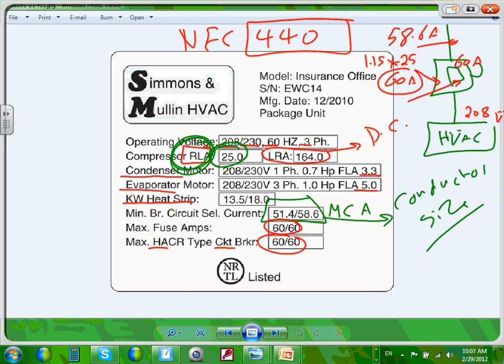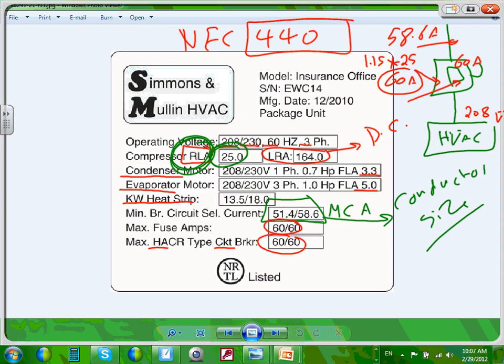We just got done saying it was the locked rotor current that we had to consider. For your disconnect, you consider 2 things. So 1.15 times 25 equals 28. Well, I have to go to 60 because of the fuse anyway.